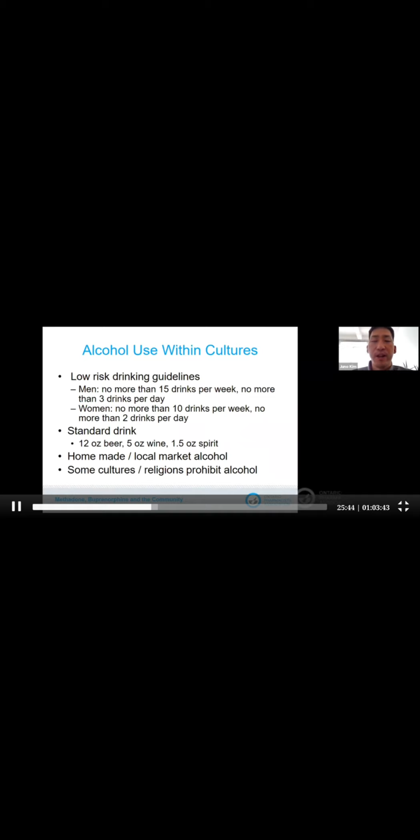And when we're talking with women, it's the same idea: no more than 10 drinks per week and no more than 2 standard drinks per day. So if a patient is saying they're drinking 1 cup or 1 glass of wine or beer, it's important to get the appropriate measurement so you know exactly how much they are drinking.